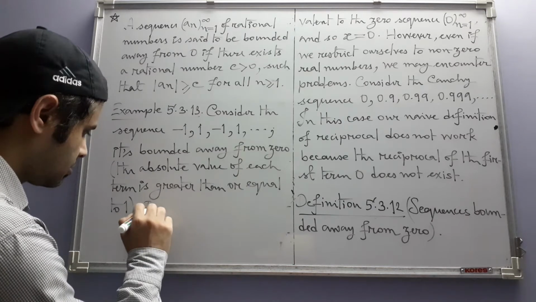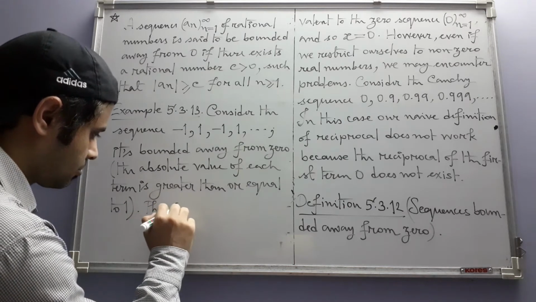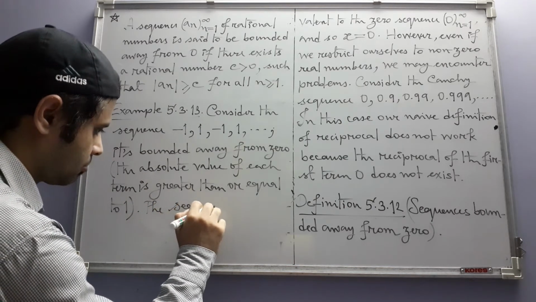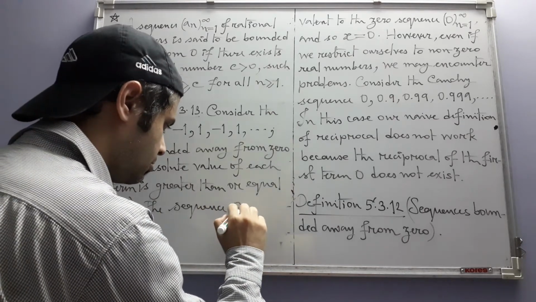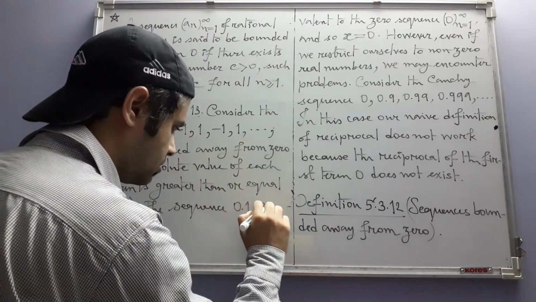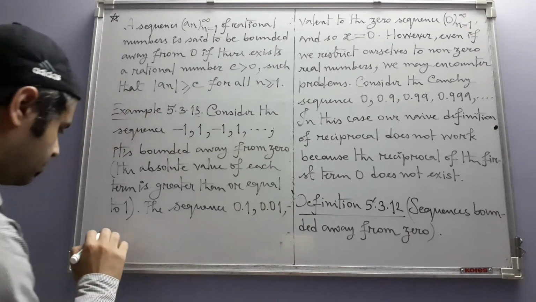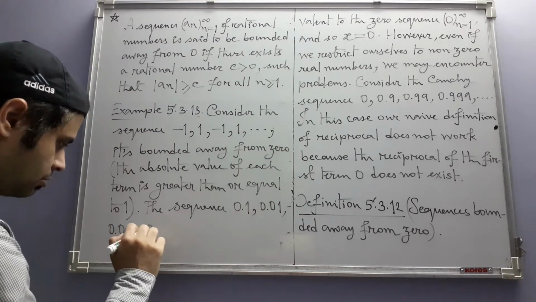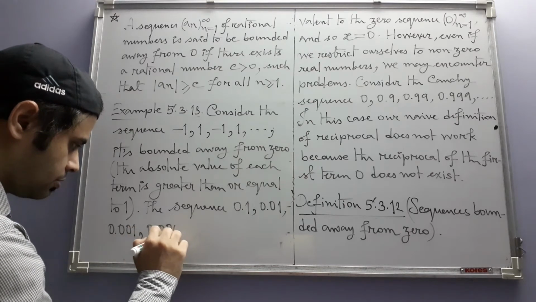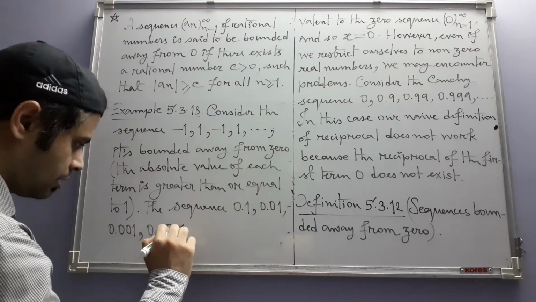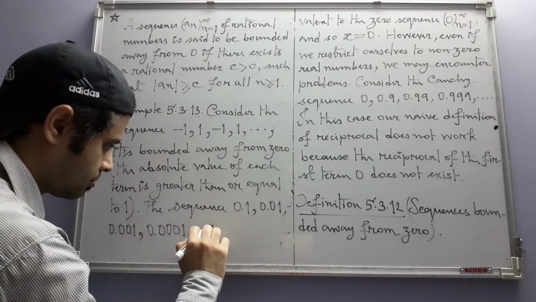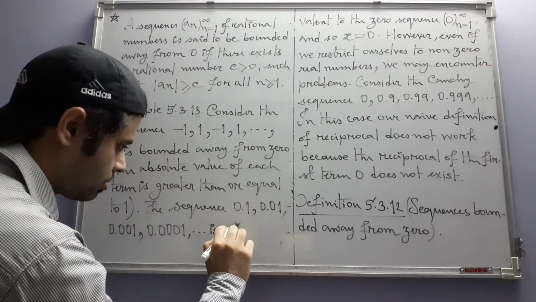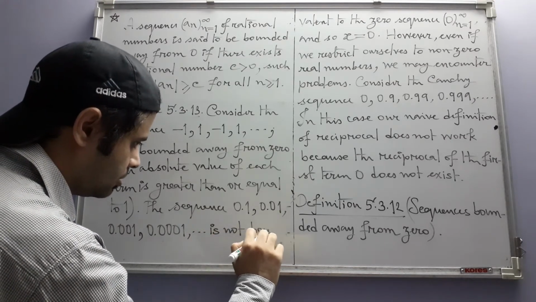The sequence (0.1, 0.01, 0.001, 0.0001, and so on) is not bounded away from 0.